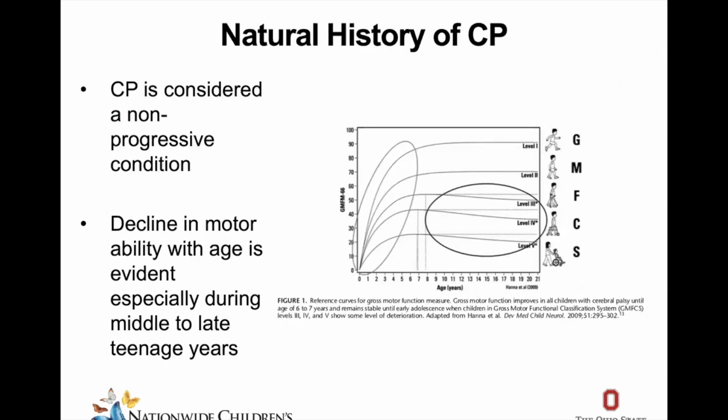Now, it's important to evaluate this because a lot of people think of CP as a non-progressive condition. However, it's not, especially in the more severely affected kids, levels 3, 4, and 5. As you get to be a teenager, there's plenty of data showing the natural history of these folks showing a decrease in motor function as you get older. We unfortunately get larger.